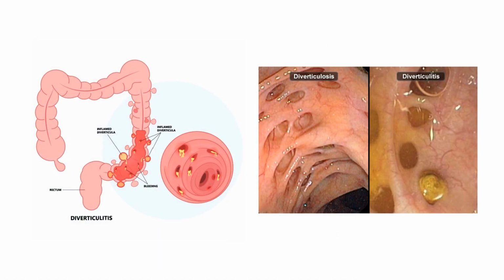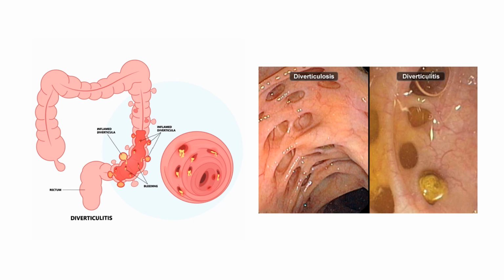So this slide gives you a general idea of what diverticulitis looks like. The picture to your far left is going to show you the large intestines. The larger orange outpouches that you see are examples of what the diverticula looks like inflamed.